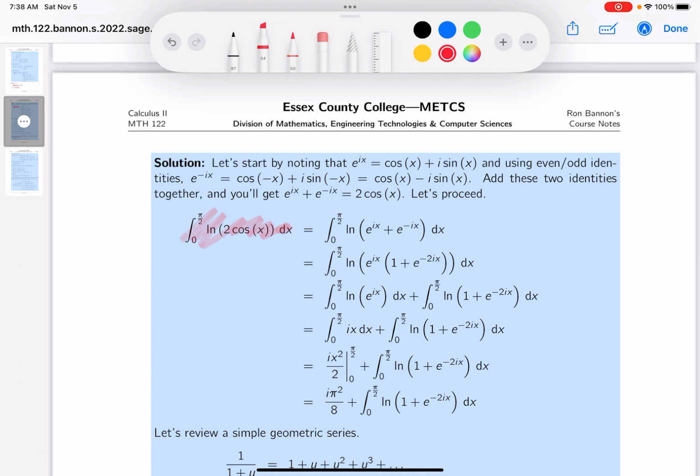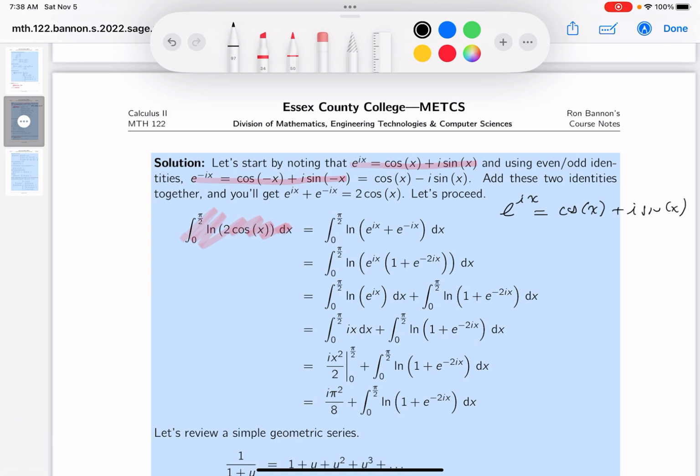What I want to claim is that we're taking these identities that we know about. The one you should know about is e to the ix equals cosine of x plus i sine of x.